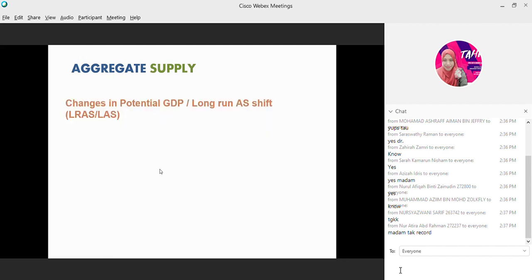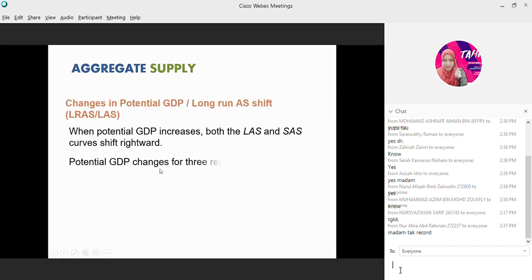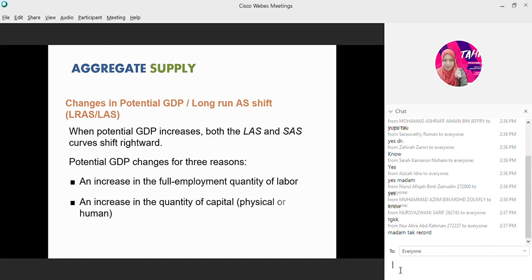Now, this is one of the reasons why the LAS shifts and why the SAS shifts, to the left or to the right. The factors that affect LAS are different from the factors that affect SAS.